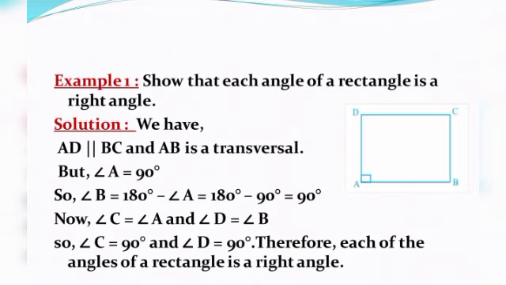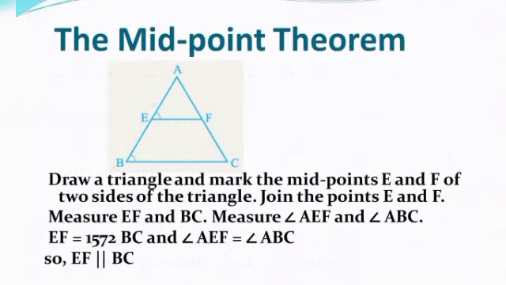And the last one is the midpoint theorem. You have studied many properties of triangles as well as quadrilaterals, right? Now let us study another result which is related to the midpoints of sides of a triangle. Just perform the following activity. Draw a triangle and mark the midpoints E and F of two sides of the triangle.